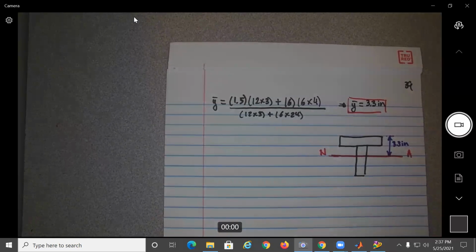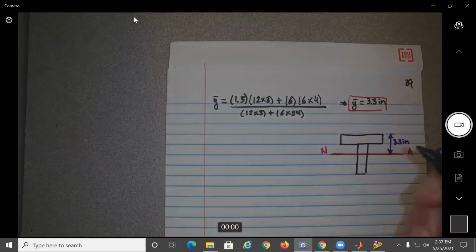Okay, so now that we know that, let's calculate the moment of inertia of this cross section.